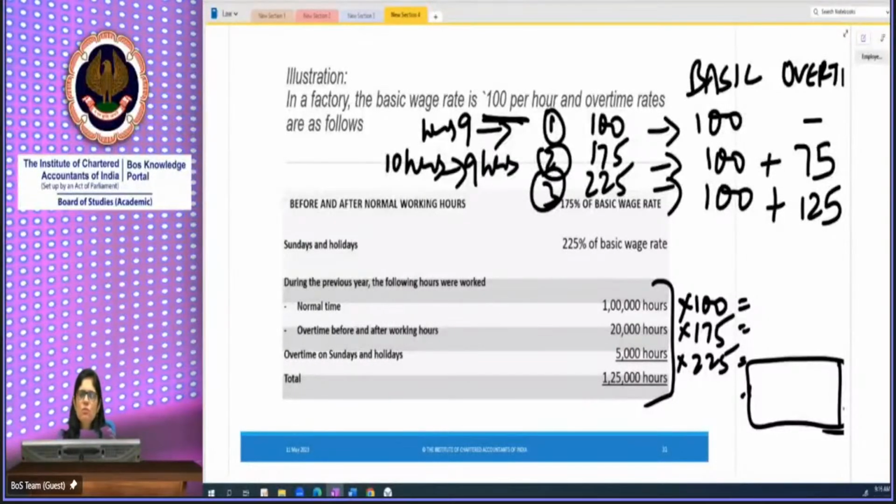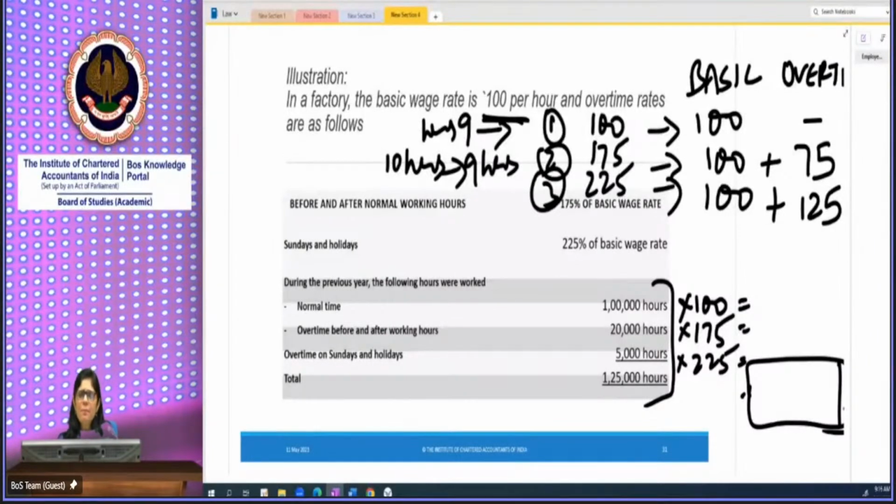Whether it's worker or department, it will be charged to the department only. The worker is being paid overtime, of course. But that cost will be borne by which department? If one worker is for department 1 and another worker is for department 2, the overtime given to that worker will be charged to that particular department.